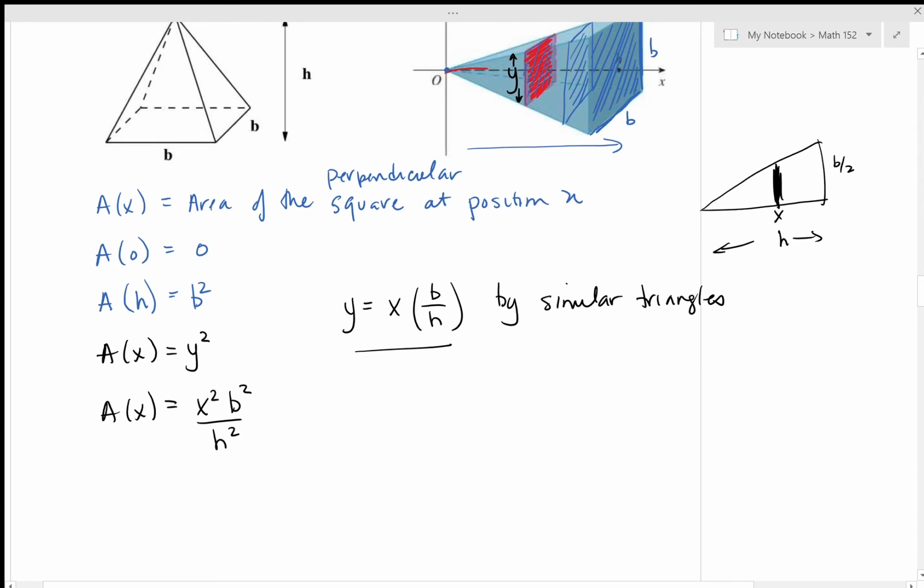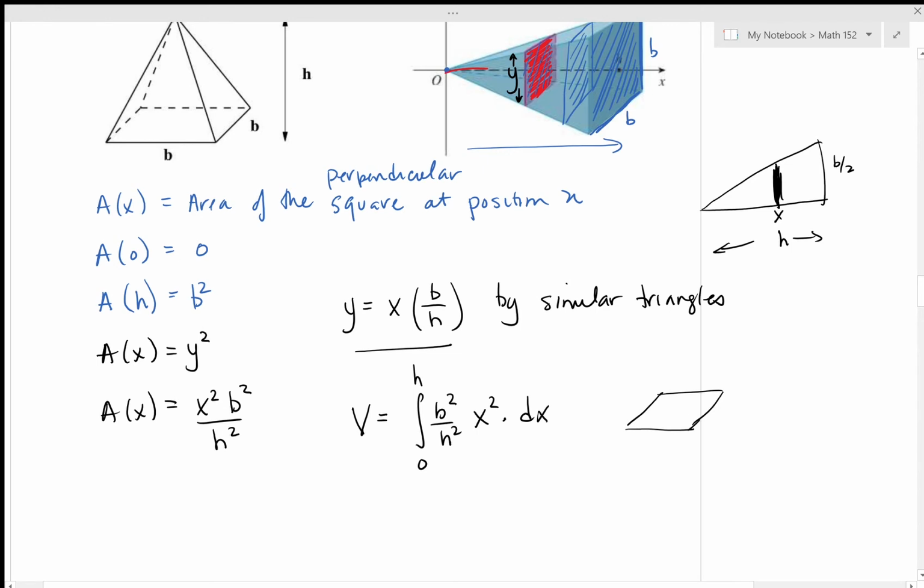Now it's a simple matter for me to calculate the volume. The volume is simply the integral from 0 to h of the area, b squared over h squared times x squared, times the little incremental width of this little guy here. I'm just going to draw a picture. I've got that.